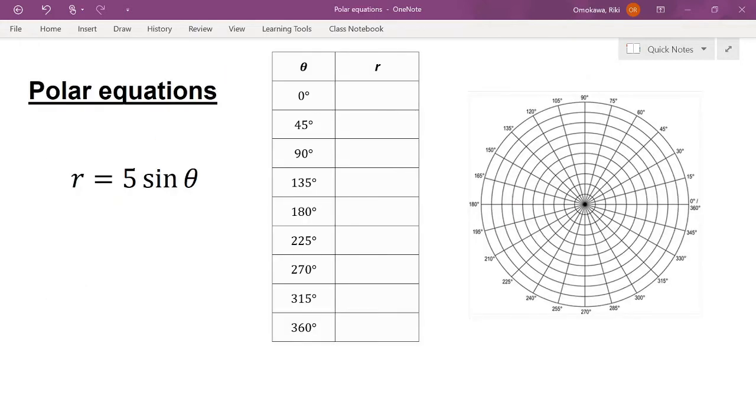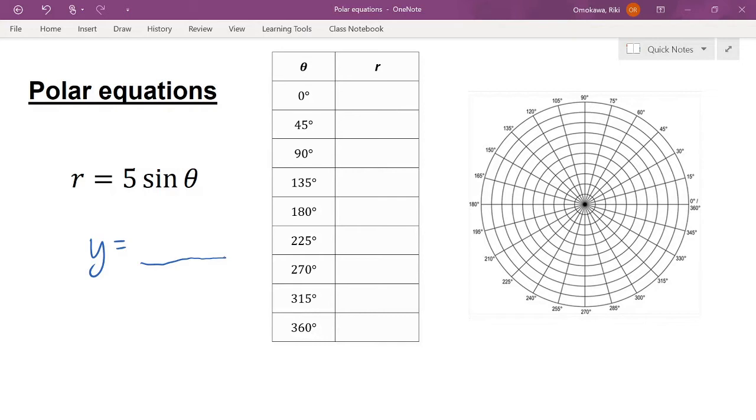So now let's talk about polar equations, because of course there's going to be equations, right? Now, in our previous work with Cartesian coordinates, right, x, y coordinates, we would take equations like y equals, and then some formula involving x, and then we take that, make a table of points, and graph them, right?